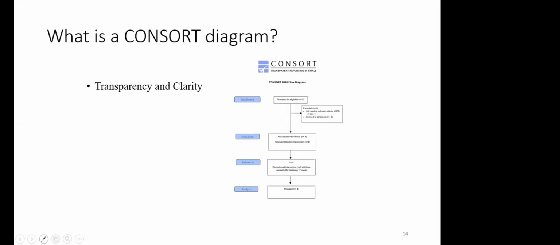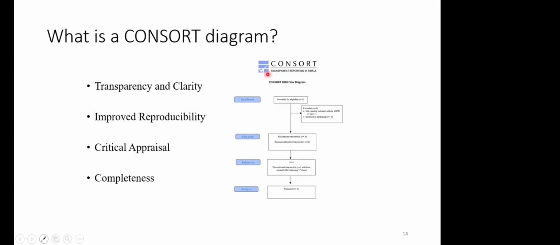So it basically just aims at improving transparency and clarity in reporting the results of an RCT, improved reproducibility, also helps in critical appraisal because now we can assess the quality of an RCT. Then it also helps in ensuring that the results are complete.